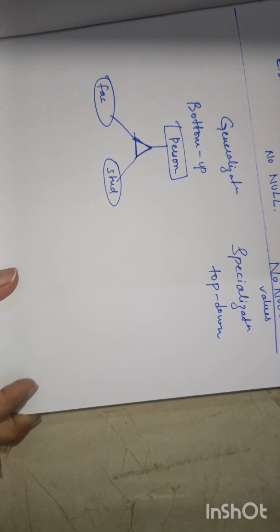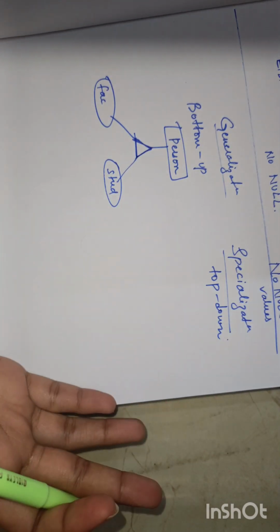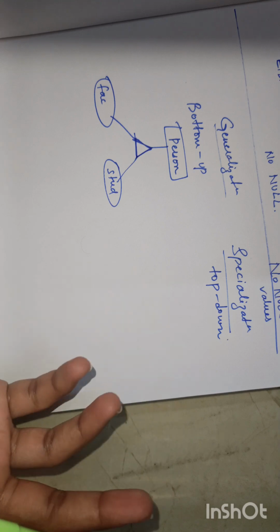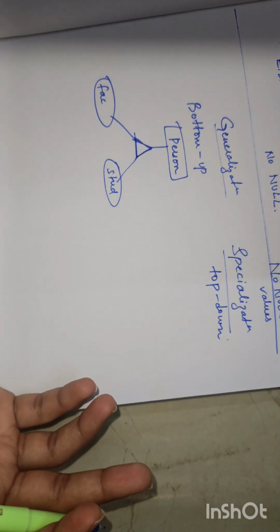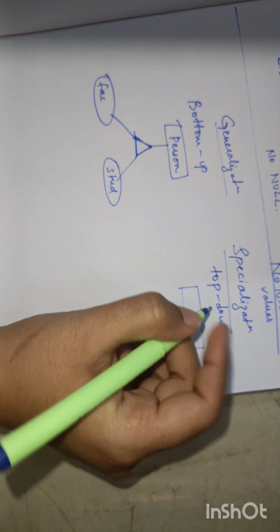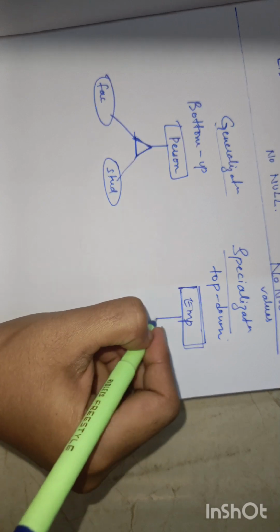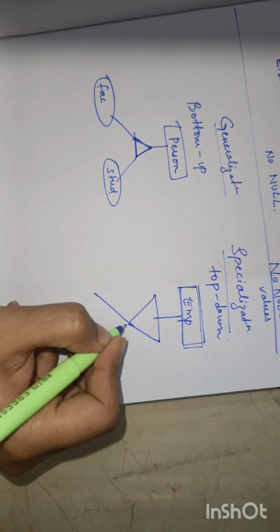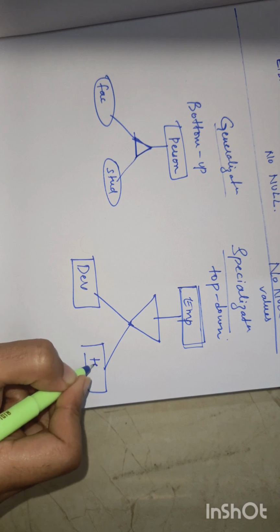Specialization is something where an entity is divided into sub entities based on some particular characteristic. It is a top down approach. For example, an employee can be specialized into two different things, say as a developer or a tester.